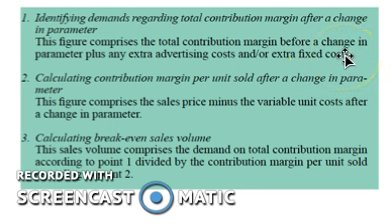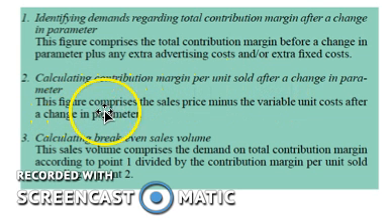This means that when a company has the turnover, they subtract the variable cost. The contribution margin, which is the turnover minus the variable cost, tells us how much in total we need in order to cover our cost. Second, calculating contribution margin per unit sold after a change in parameter.